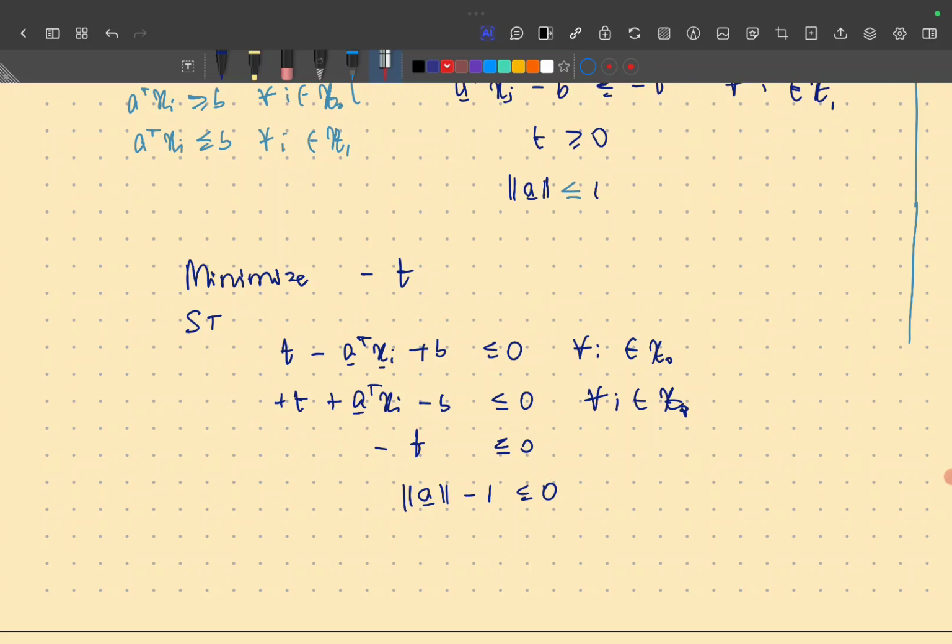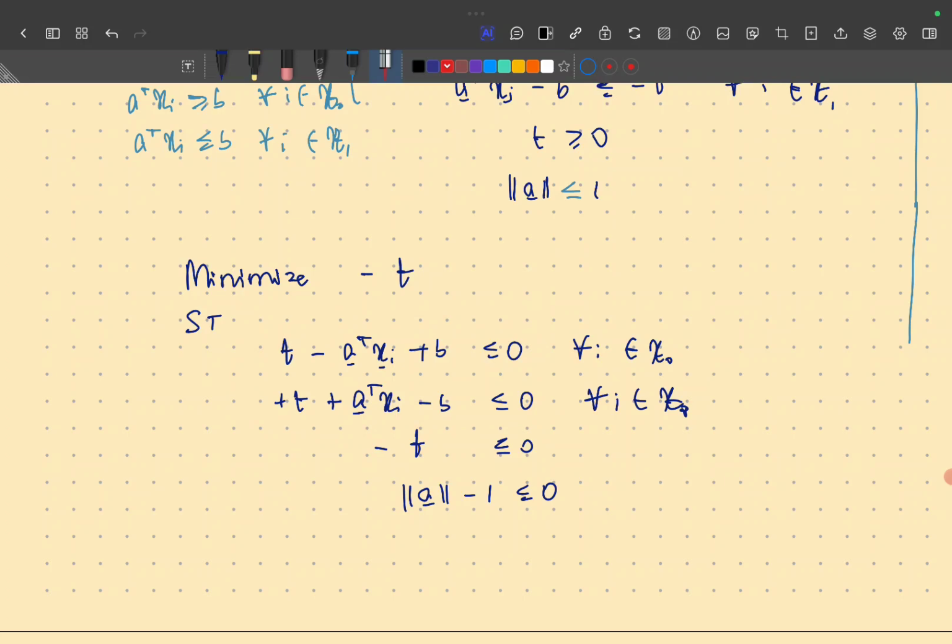How do you check strong duality? You don't know, unless you're given. If the points are linearly separable, then Slater's condition is satisfied. In fact, this will have a solution only if they are linearly separable.